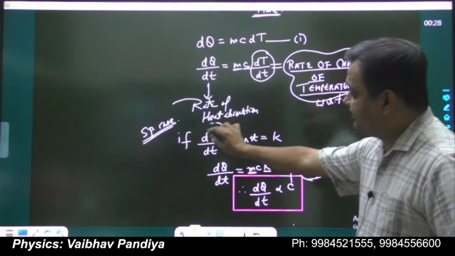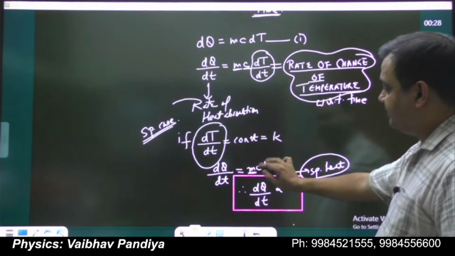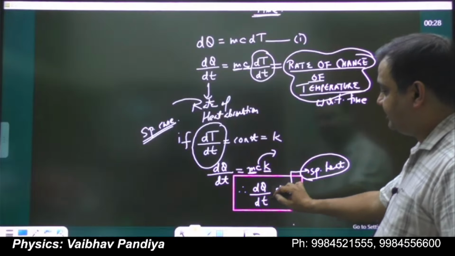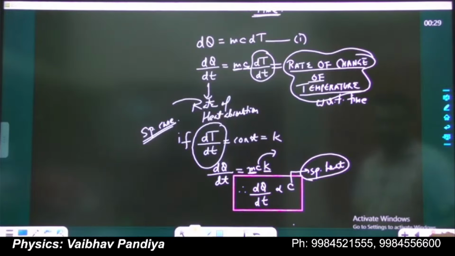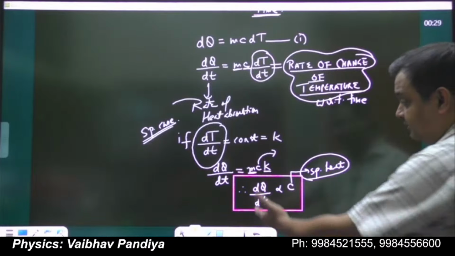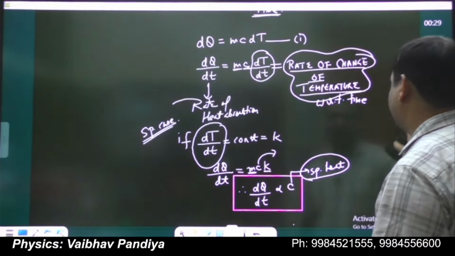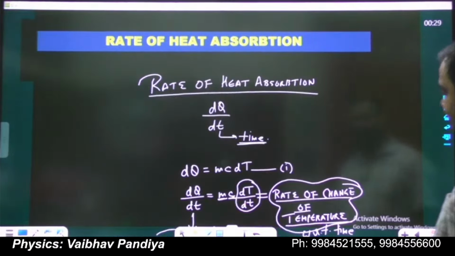C may be variable with temperature. So in such a case, the rate of change of heat will be directly proportional to the specific heat. And if specific heat is also constant, this will come to be a constant. It depends on the nature of the particular problem. So this is how we find the rate of heat absorption.